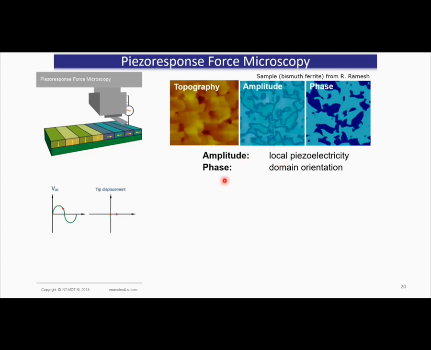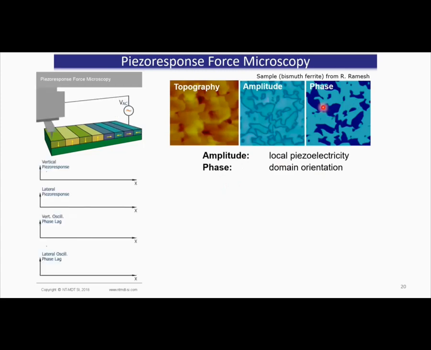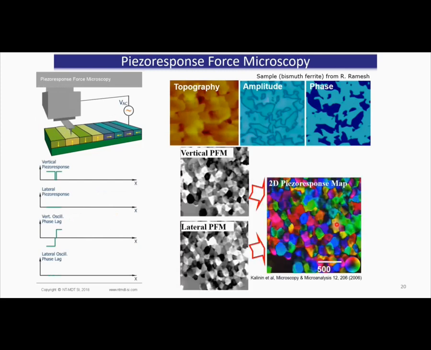And the phase has information about the local domain orientation. So this could be an in-plane, an out of screen domain, or an into the screen domain, for example. And if you collect data both for the out-of-plane deformations and the in-plane deformations, you can in principle reconstruct them to create a vector PFM map, where the color here would denote the orientation of that piezoelectric ferroelectric domain.